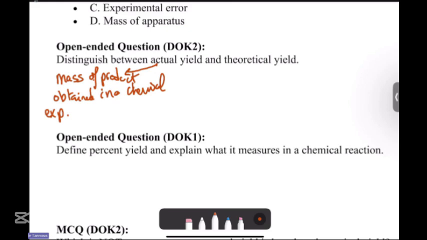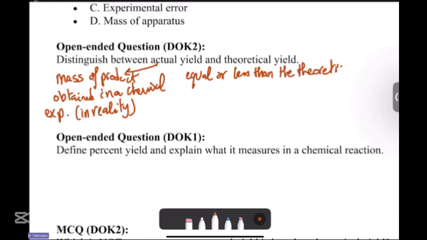So it's always in a laboratory experiment, the mass in reality, and it's always either equal or less than the theoretical yield. That's the actual yield.